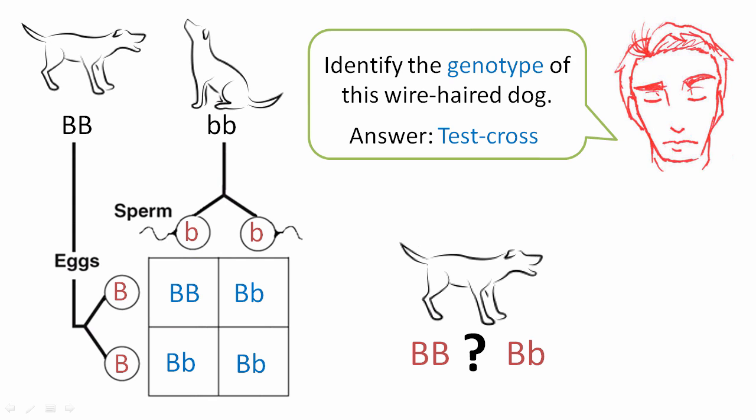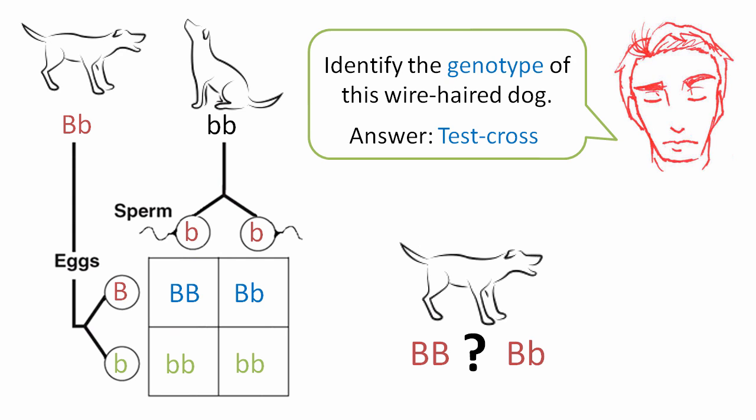If that were the case, then all offspring are going to have wire hair 100% of the time, no exceptions. But what if instead we find one of the offspring has the smooth hair trait? Well, the only way that could take place is if the dog in question had a little b allele, and therefore has the genotype of big B, little b.